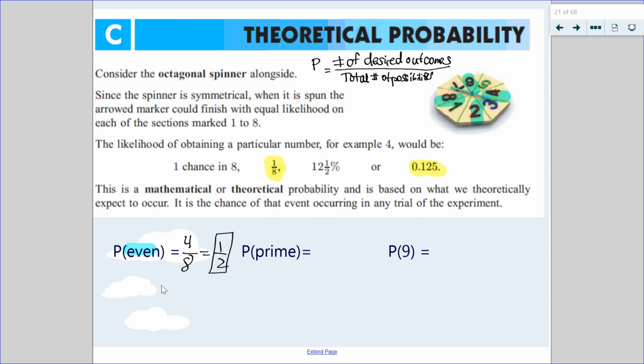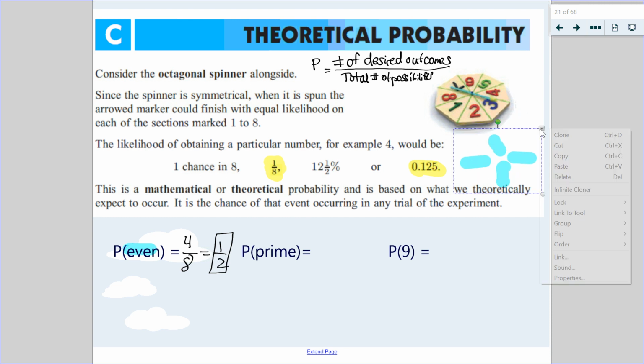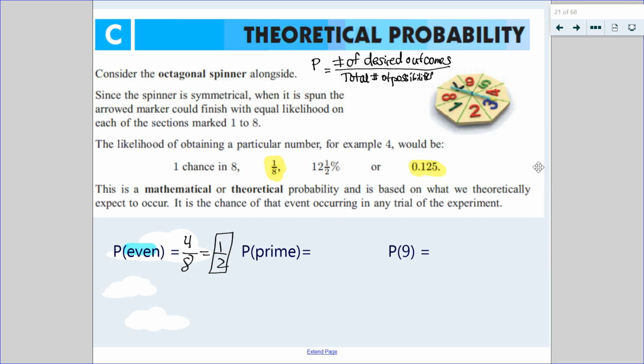If we wanted to know our probability of prime, so the probability we had a prime number, we would identify our prime values. To identify our primes, we have to consider the numbers only divisible by itself and 1.